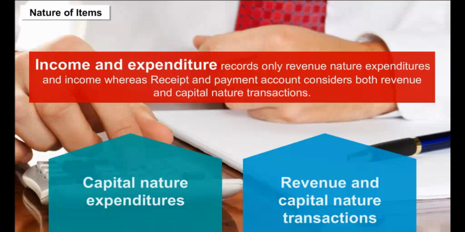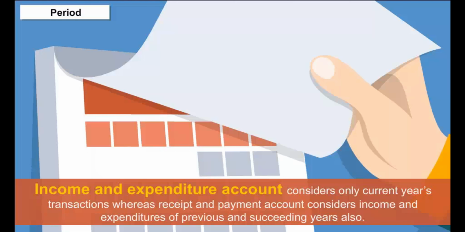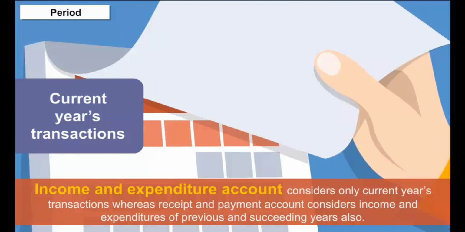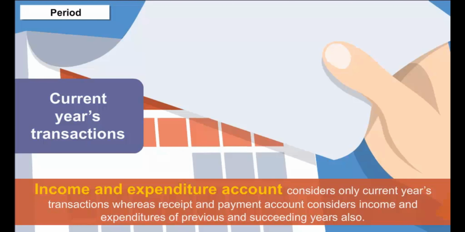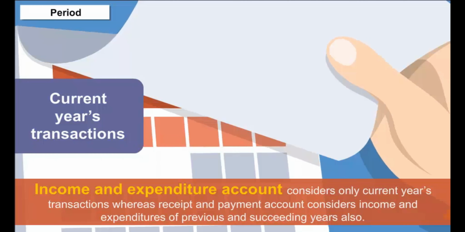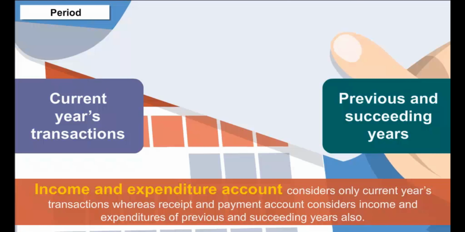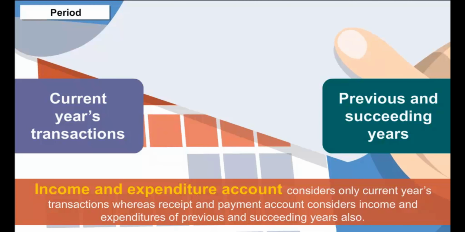nature transactions. Period. Income and expenditure account considers only the current year's transactions, whereas receipt and payment account considers income and expenditures of previous and succeeding years also. Debit side.